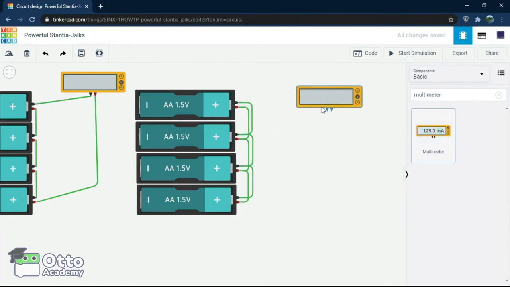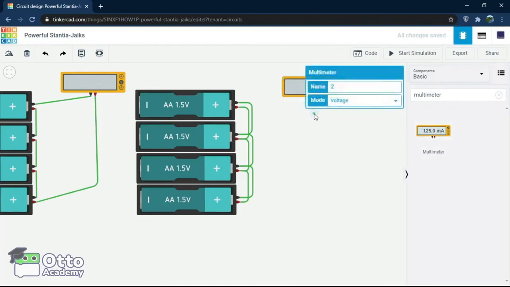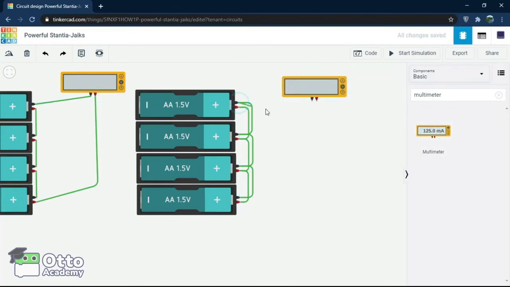Now we add another multimeter to the pallet and connect it. We can see the voltage value.